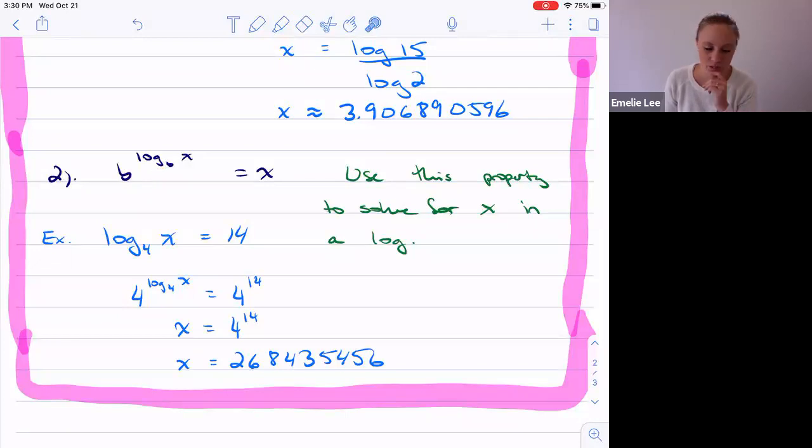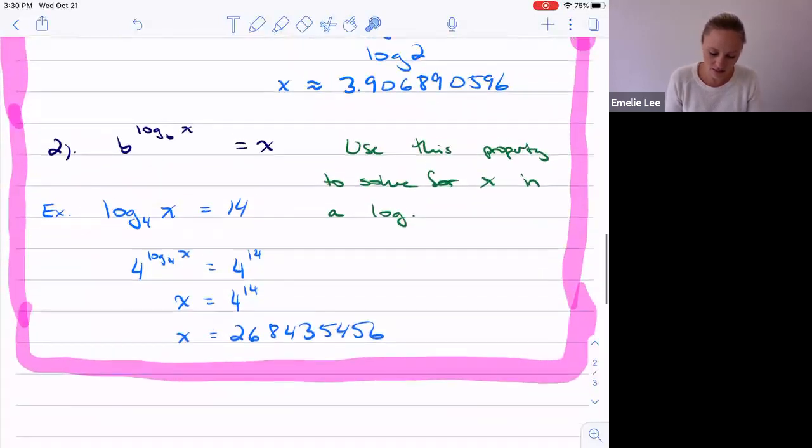Okay. So this is going to be a really useful property. We don't use it in the sense that you're going to see something like this. You're going to force it to happen. So here, I'm forcing it to happen by raising both sides onto 4. So 4 to the power of the left-hand side equals 4 to the power of the right-hand side. I'm forcing that to happen so that I can shake out just the x.